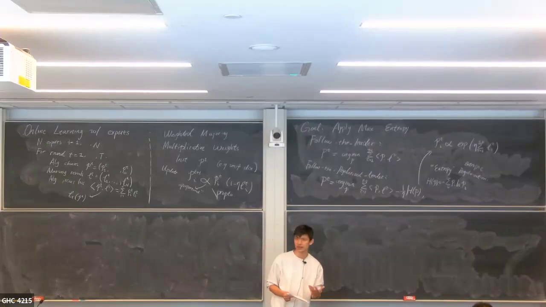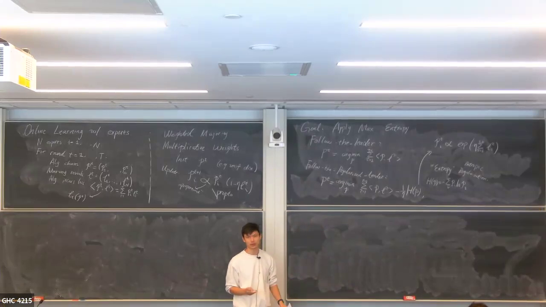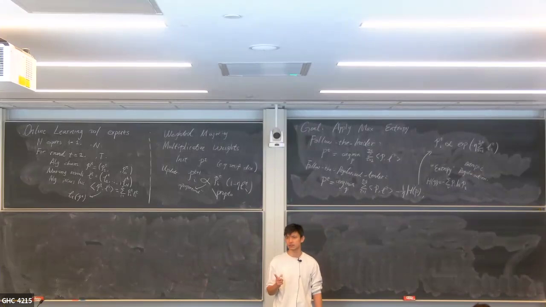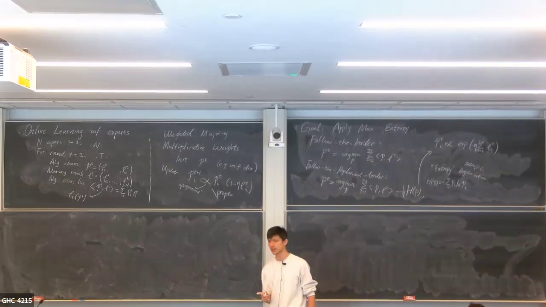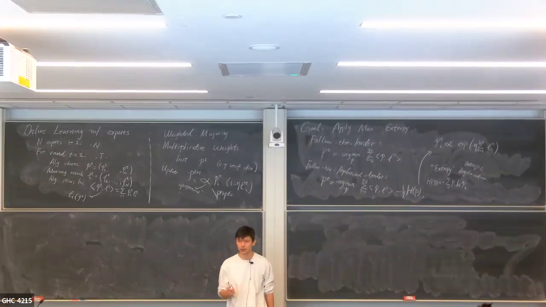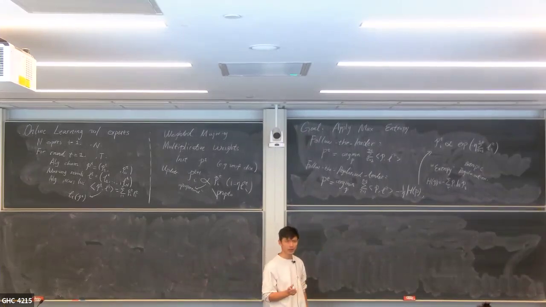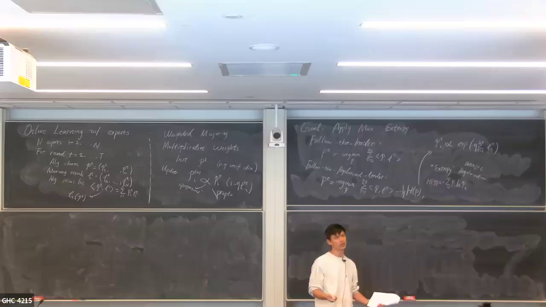Intuitively it makes sense: the reason follow the leader could fail is that it's too greedy. As soon as I see some leader going ahead, I bet all my money on this leader. But the leader could change over time, and whenever the leader switches, I suffer the loss.